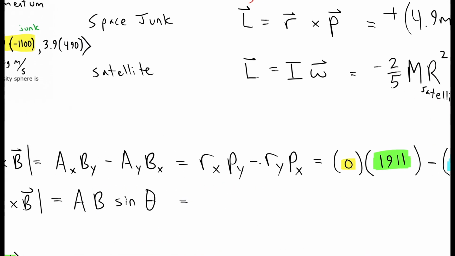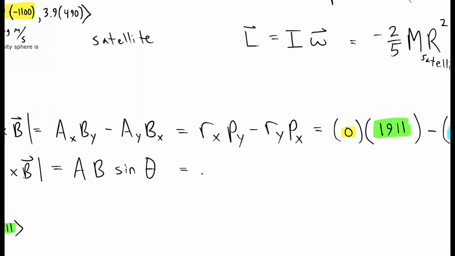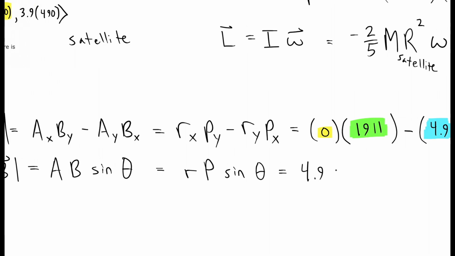If we try the other formula, let's see if we get the same answer. We would have to do Rp sine theta. P is our magnitude of momentum. For that, we're going to need a square root of px squared plus py squared. These are the final quantities for the junk.